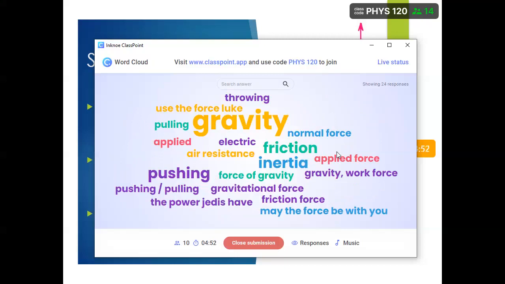There is a force between this object and the ground that is pulling the object. It doesn't need to touch. This ball doesn't need to be touched by the ground. It's being pulled toward the ground, yes? The ground is exerting force on it. We call these long-range forces.